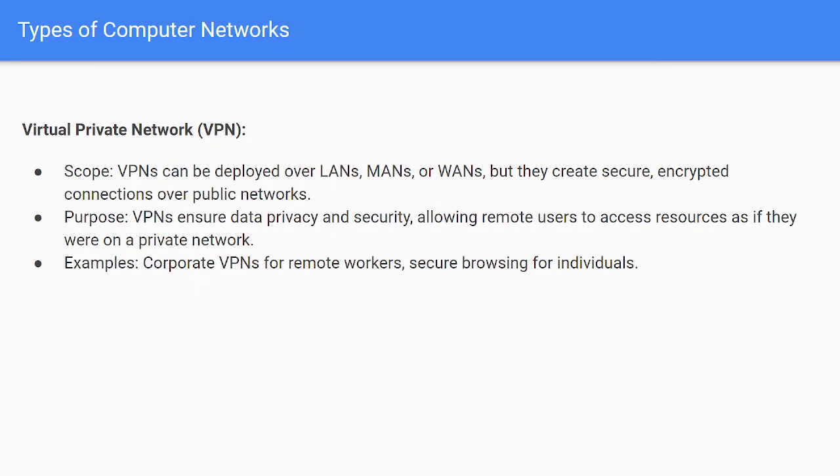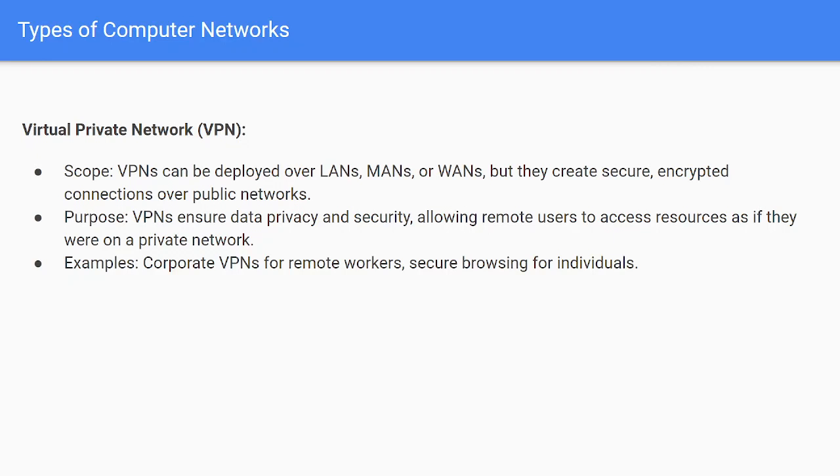Then we have our virtual private network, which is the VPN. I'm sure you guys have heard of VPN. That time when they blocked Twitter in Nigeria, everybody was connecting over VPN. But yeah, this VPN is a very important thing to note about computer networks, especially when you are coming in the line of cybersecurity.